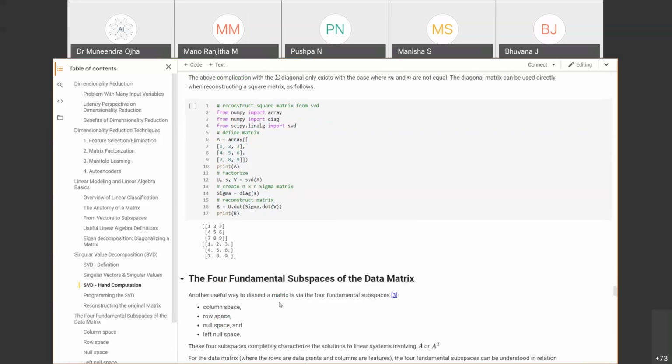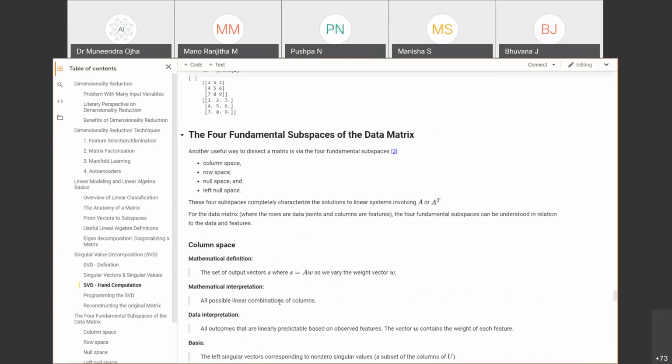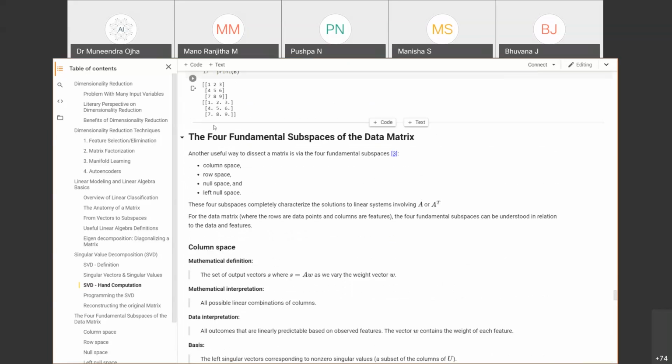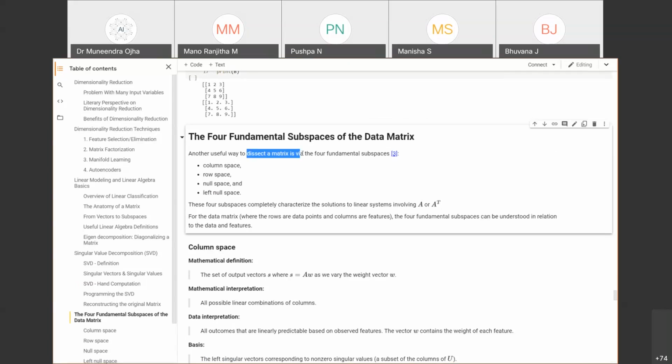The physical significance comes over here. When you understand the four fundamental subspaces of a data matrix, there is a column space, a row space, a null space, and a left null space defined for any matrix. So a way to dissect a matrix is via the four fundamental subspaces.